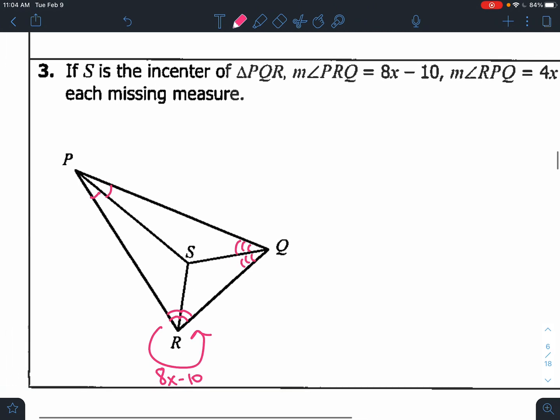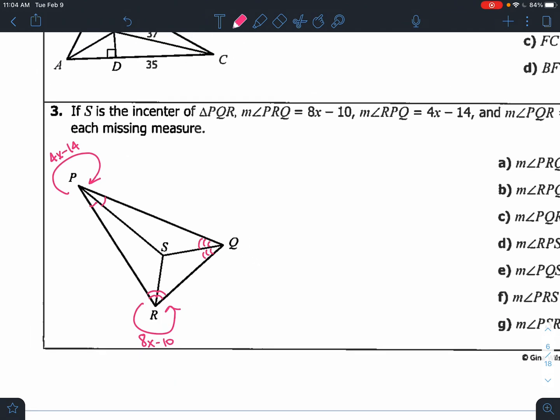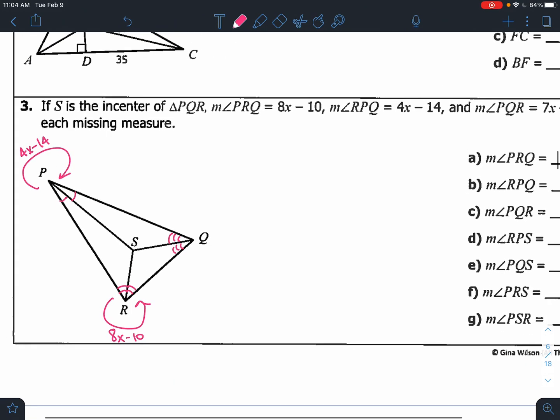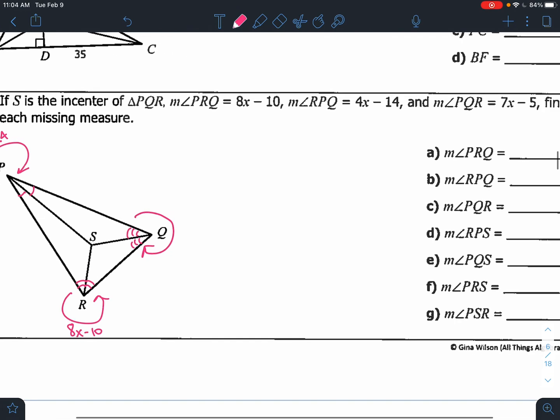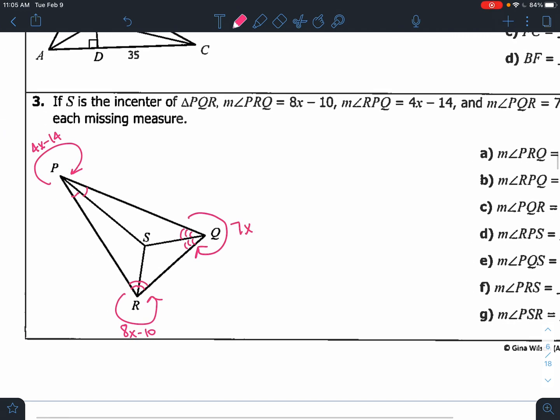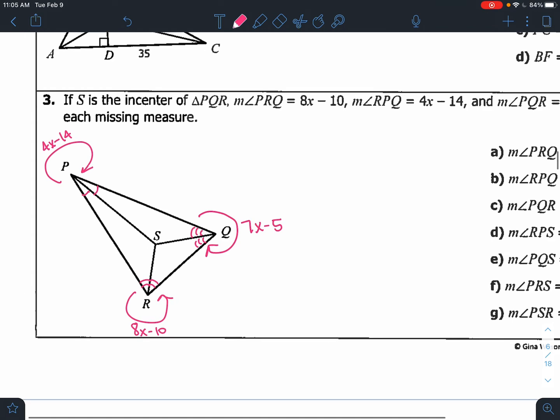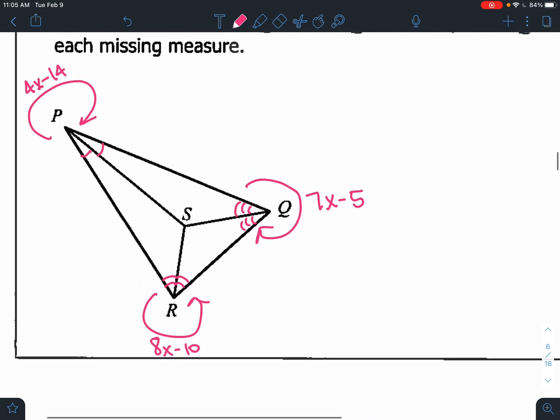RPQ is 4x minus 14. And PQR is 7x minus 5. Now, one thing that we know, if we ignore everything on the inside, is that the interior angle sum of a triangle is 180 degrees.